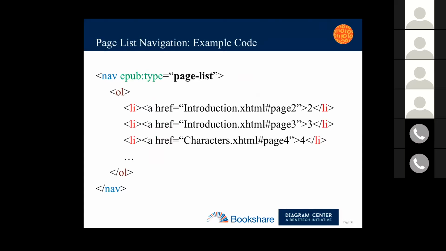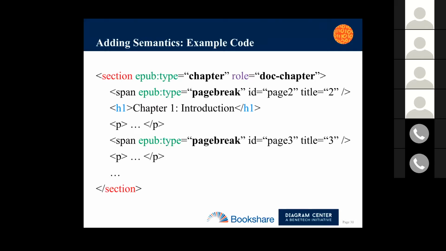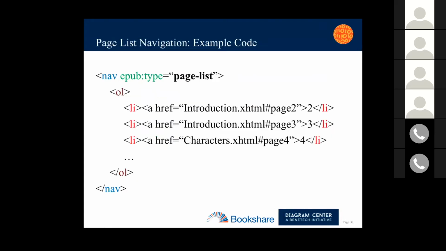So you have an ordered list with your list items, and you have your introduction XHTML page, and that hash page 2, if I go back here, that applies to this ID equals page 2. And similarly, the ID equals page 3 will link to this page 3 link. So that's how this linking mechanism works.